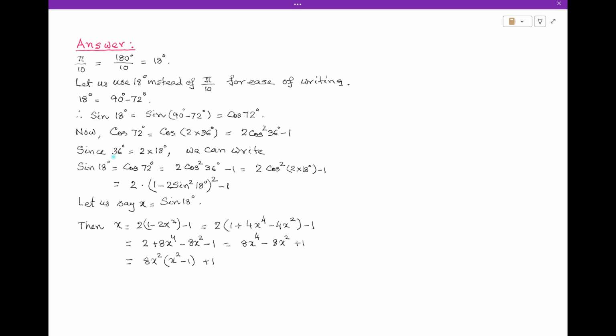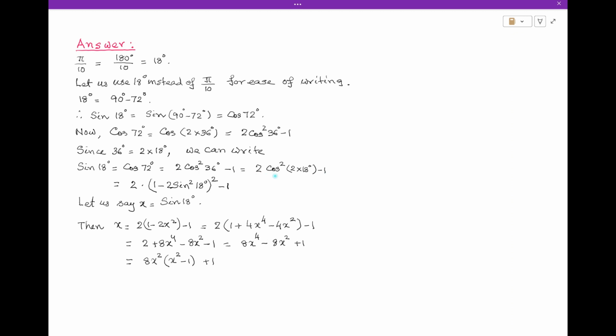Now since 36 degrees itself can be written as 2 multiplied by 18 degrees, we can write sine 18 degrees is equal to cos 72 degrees, that which you have seen here, and that is 2 cos square 36 degrees minus 1, and that is equal to 2 cos square 2 multiplied by 18 degrees minus 1.